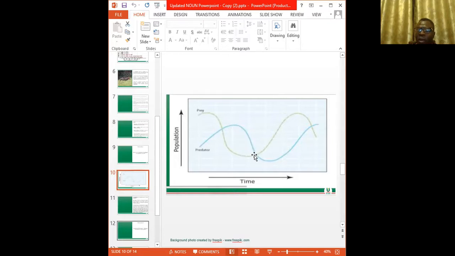And as it gets as low as the number of prey available, and as the number of the prey increases, so also the number of the predator. So there is this oscillatory pattern that exists between the prey and the predator.